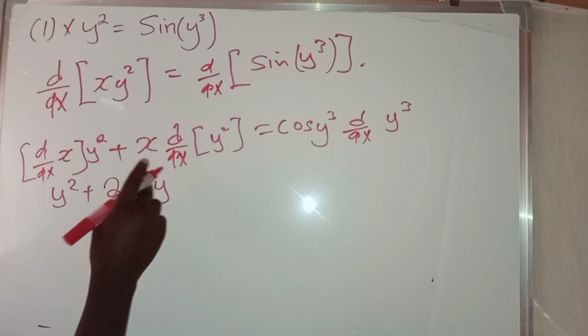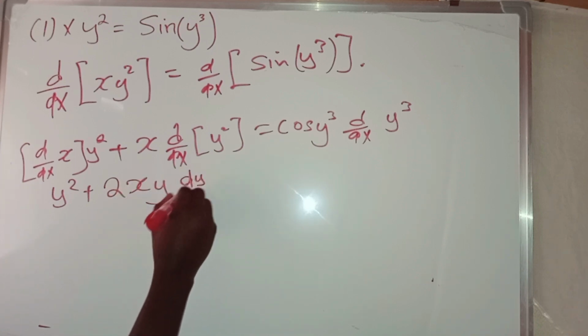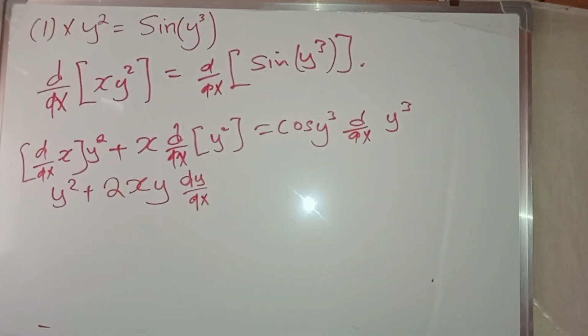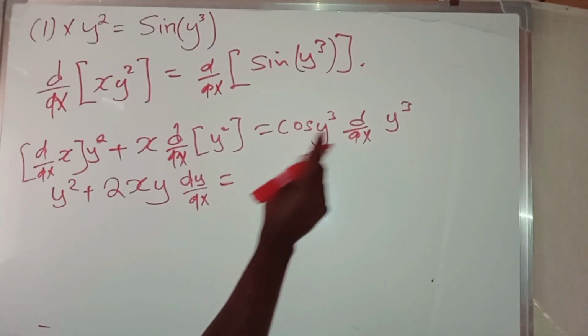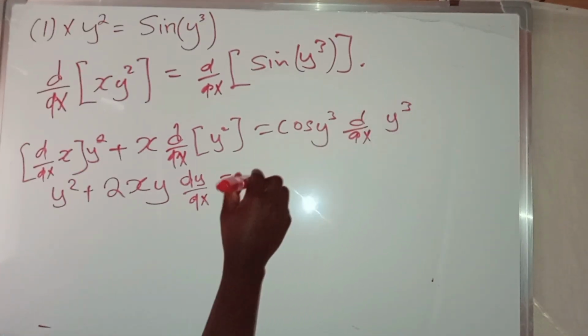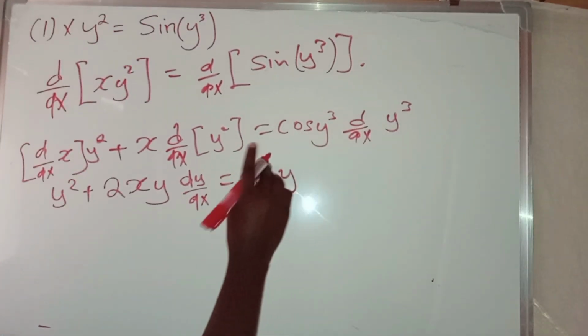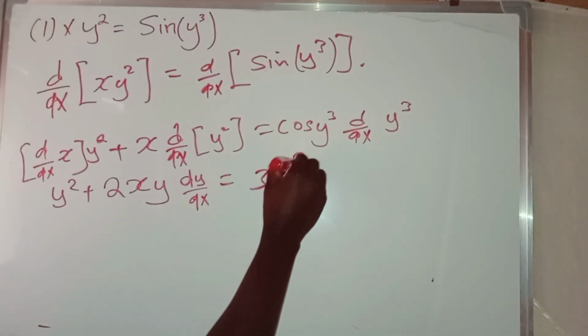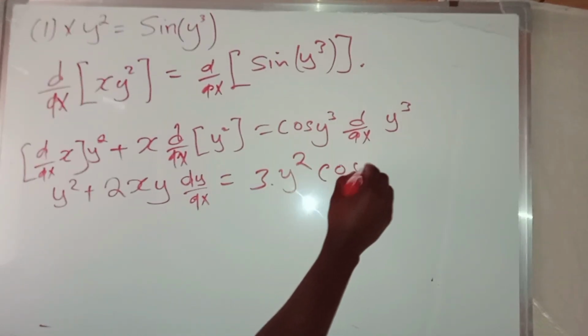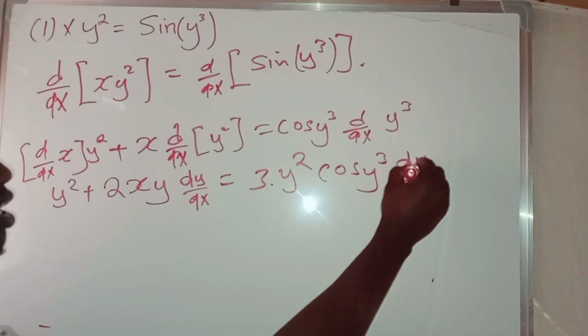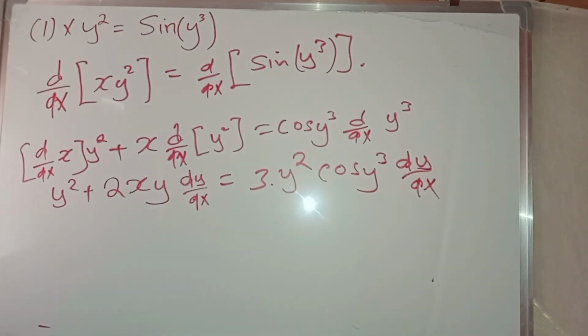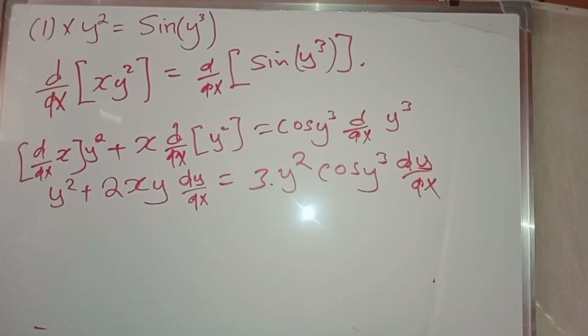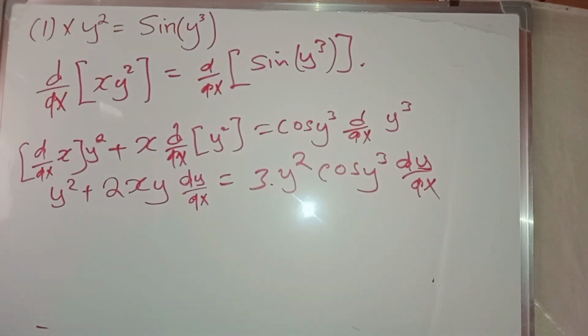But you have y, you put dy over dx. The derivative of y cubed is 3y squared cos y cubed dy dx. In this, it is simpler to make dy dx the subject.